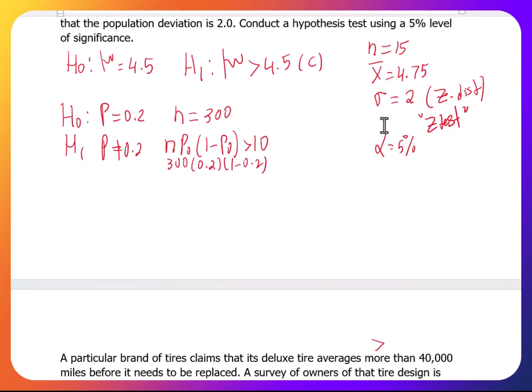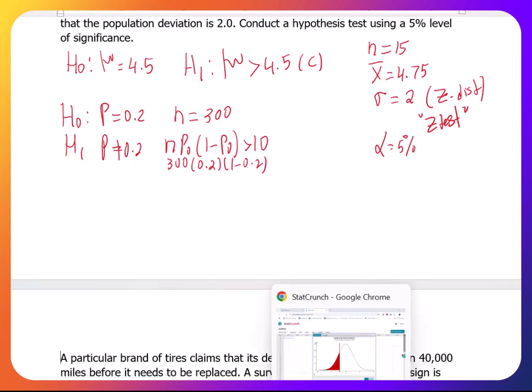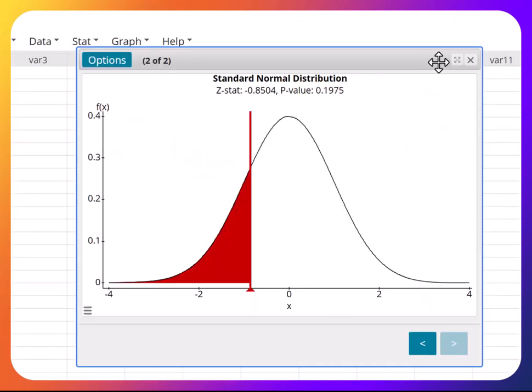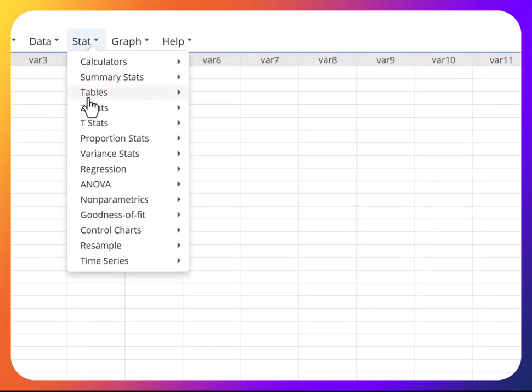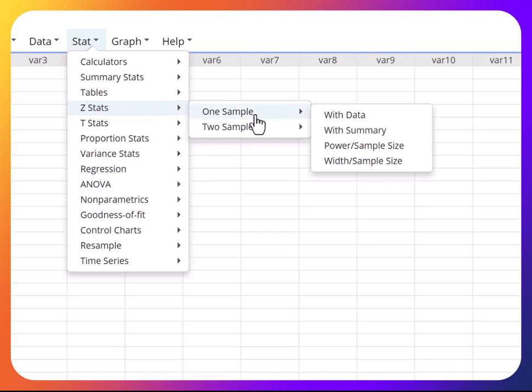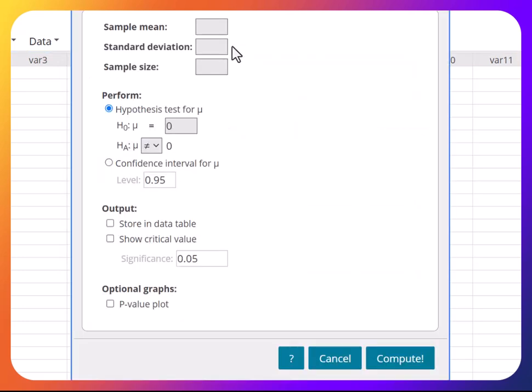Okay, so let's go there. So 15, 4.75, 2. You go to Stat. You see Z stats, not T. Most of the time it is T, but for this particular question it is Z. One sample with summary.